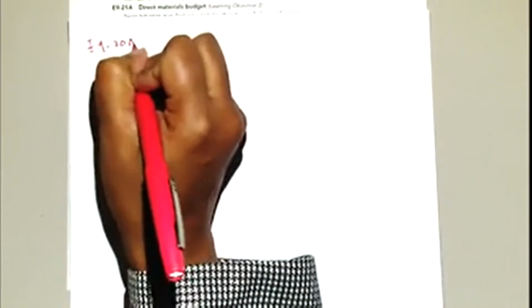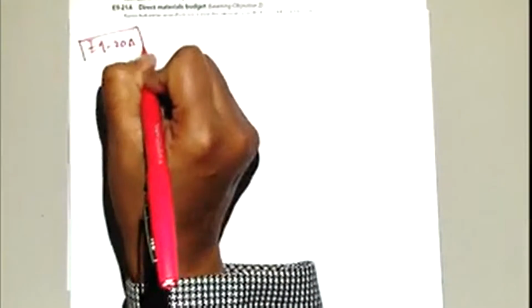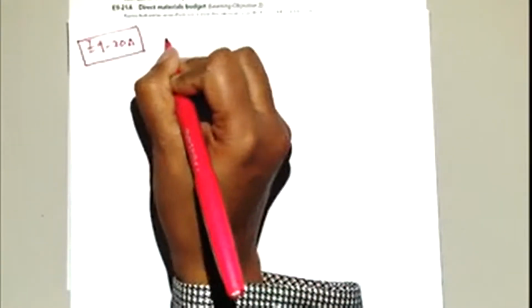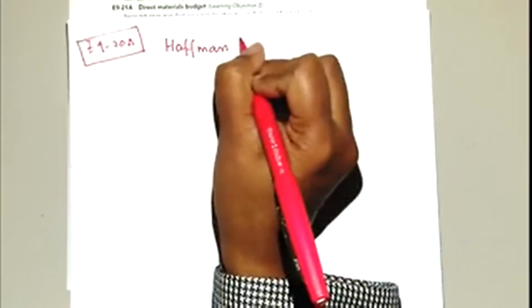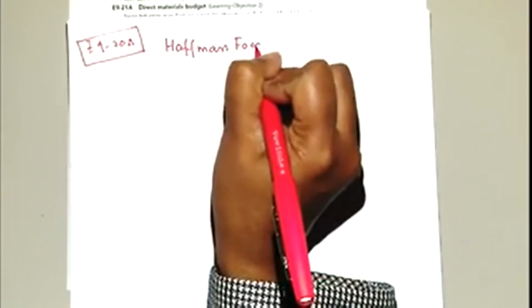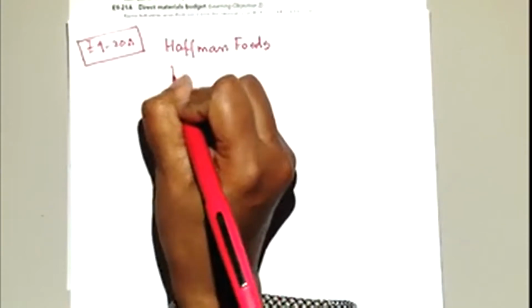Right. So let's try to do the budget. I'll write down the name of the company, Hoffman Foods. And then the name of your budget, it's production budget.